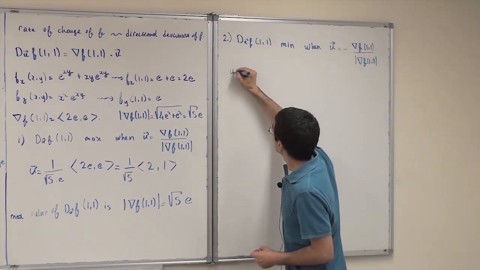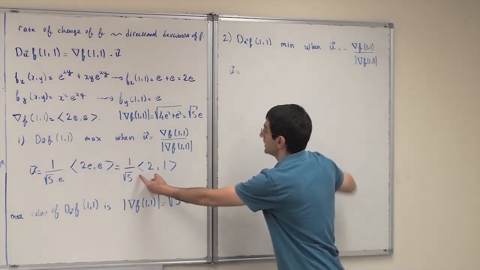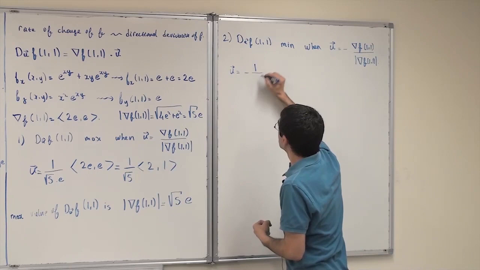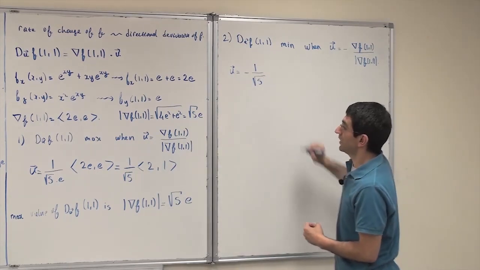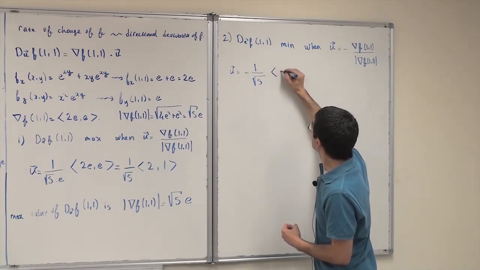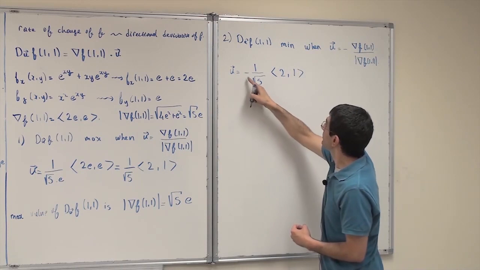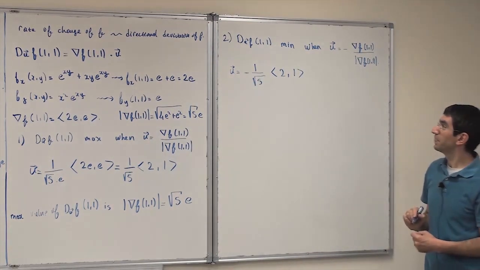So this means when u is equal to, all I have to do is put a minus sign in front of the direction vector found in the first part of the question. So it will be negative 1 over root 5 times (2, 1).